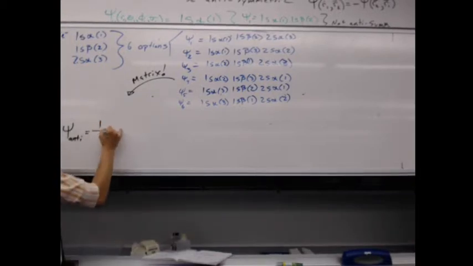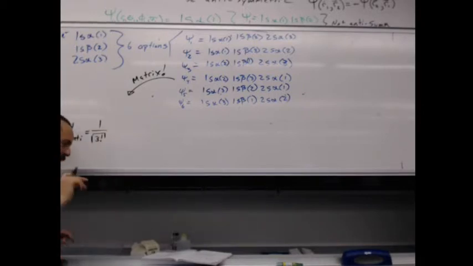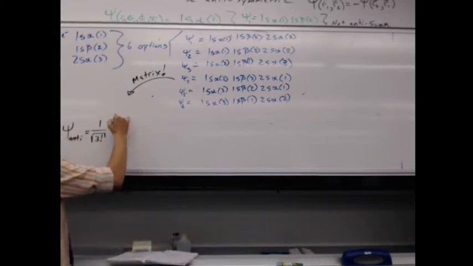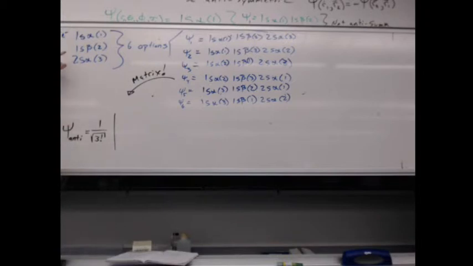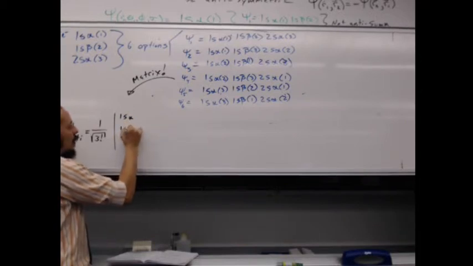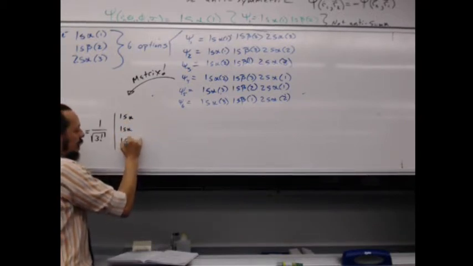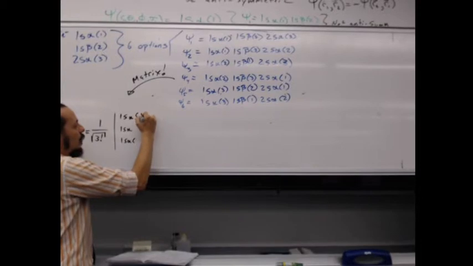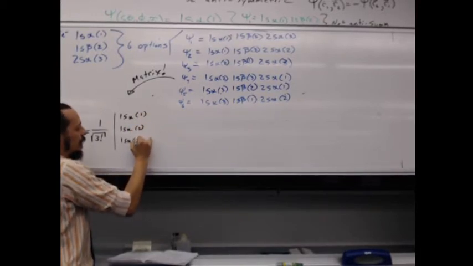I'm not going to go through the trouble of showing you how you get the normalization factor, but there's a normalization factor. We're going to just write down these things. And I always write my 1s alphas, and then it's going to be a 1, a 2, and a 3.